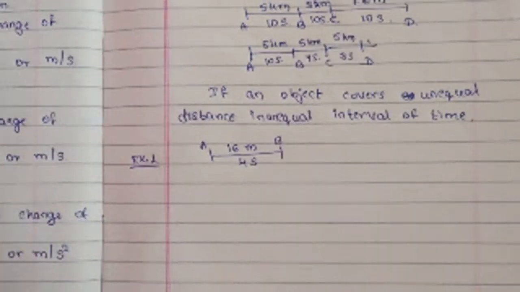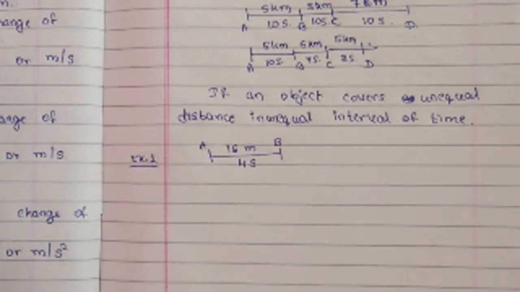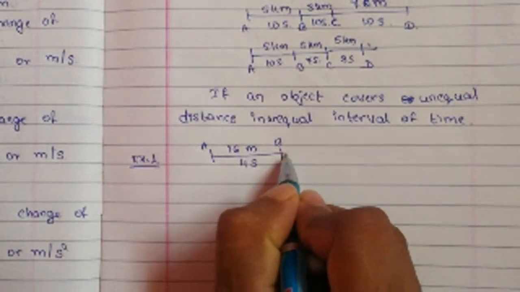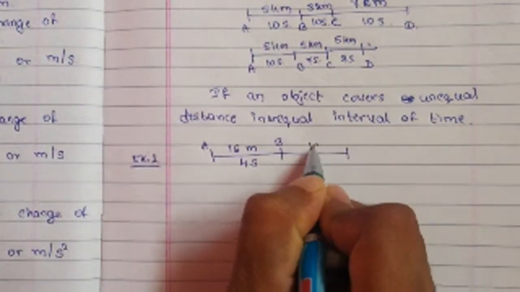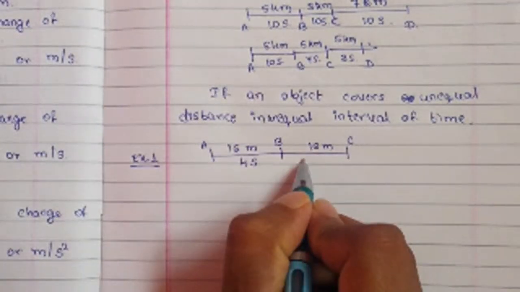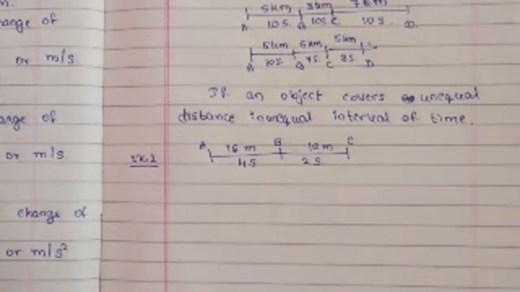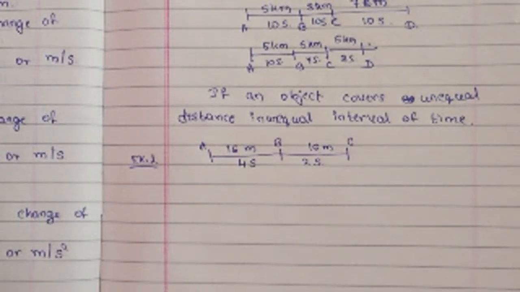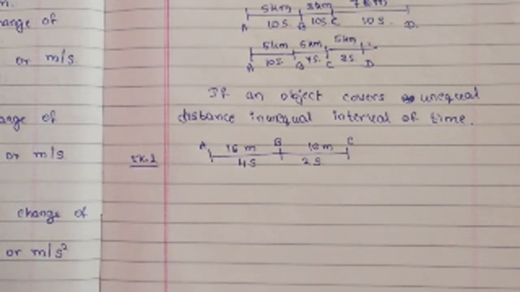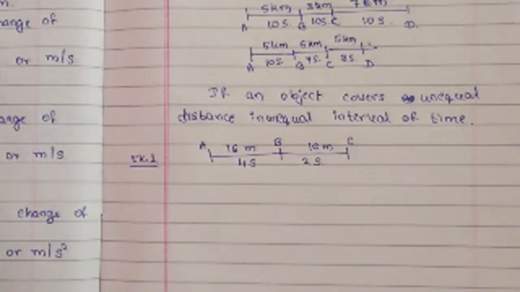After that the object again moves and travels another 16 meters. So now it reaches point C, and in this case it takes 2 seconds. Now we have to find the average speed of the object. To find it, we have to add the total distance, that means the initial distance, and then in the second session it moves again 16 meters.